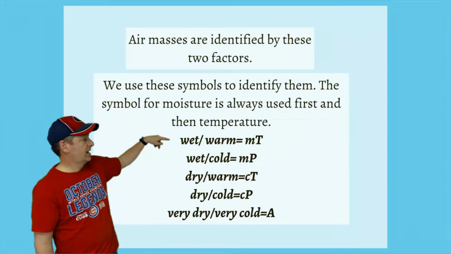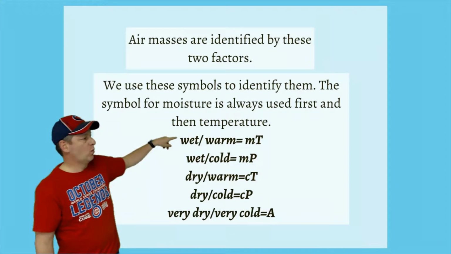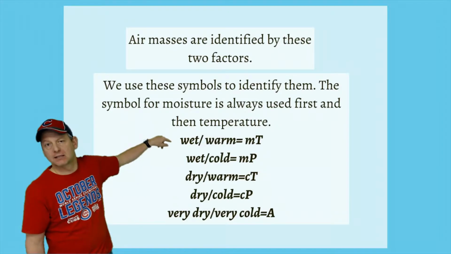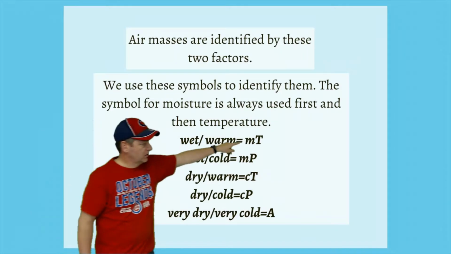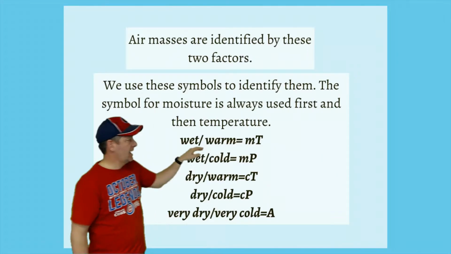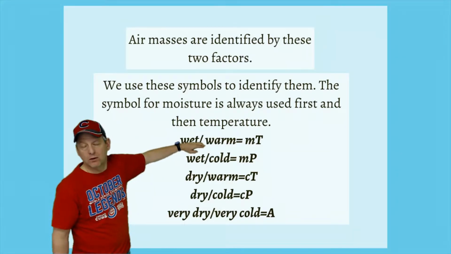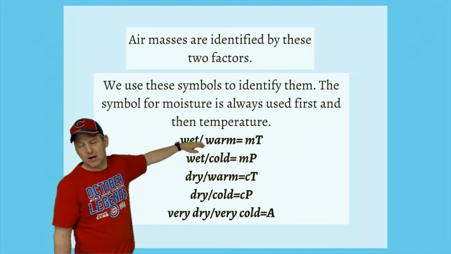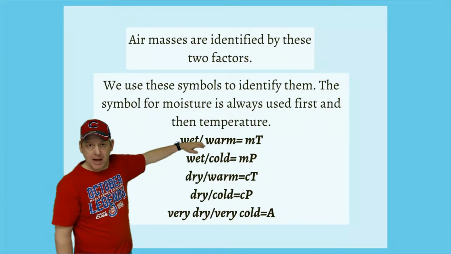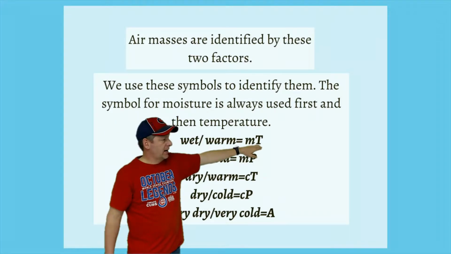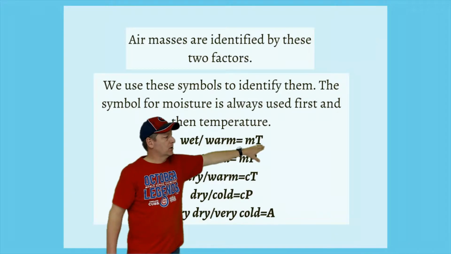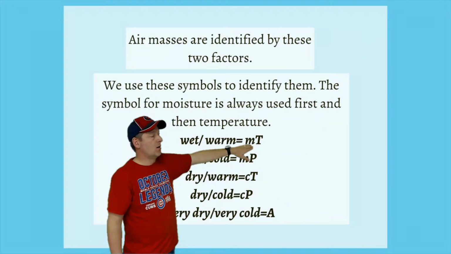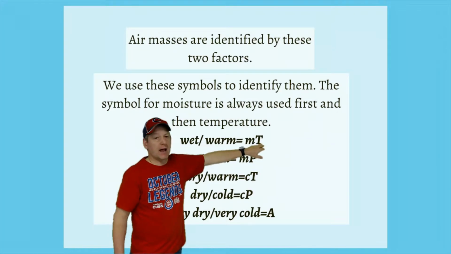air and it is cold, wet, if you remember, means maritime. So we use a lowercase m. And if it's warm, we use the word tropical. We're going to use the symbol capital T, which we put right here. So maritime tropical, that means that we have wet, warm air.